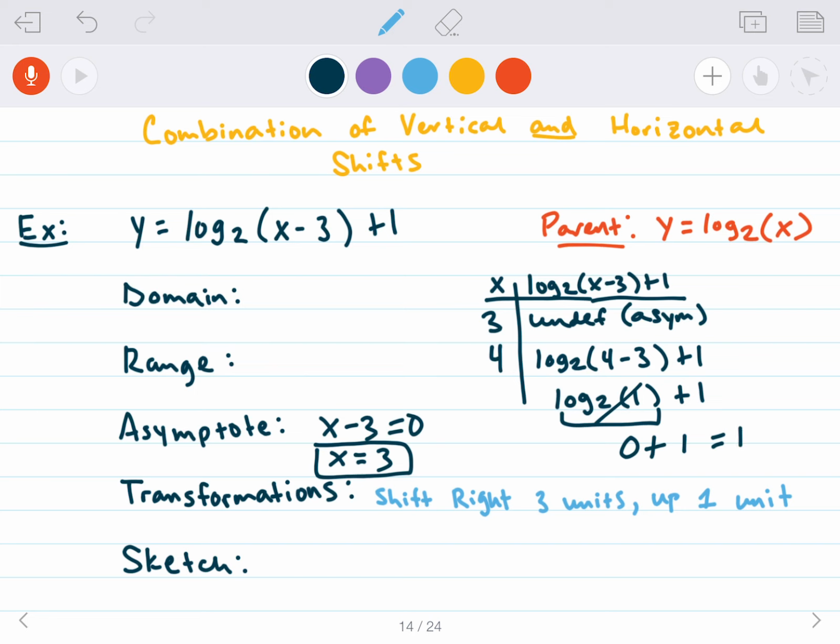So our output is going to be 1. I think I did that right? So let's see. Yeah, our output is going to be 1. Let's double check my math here. I think that's right.